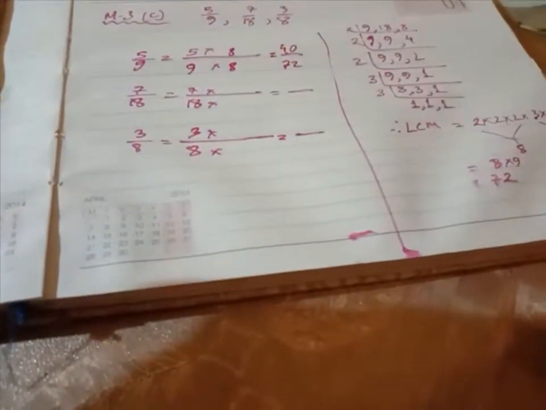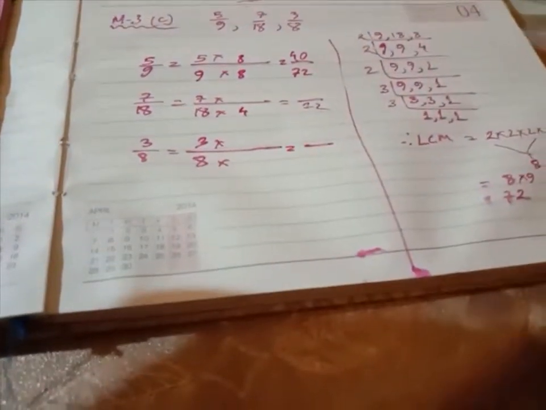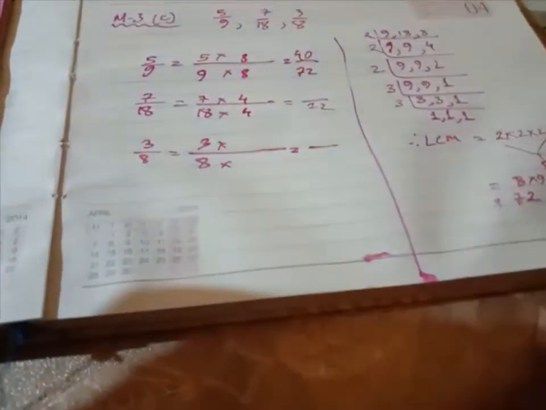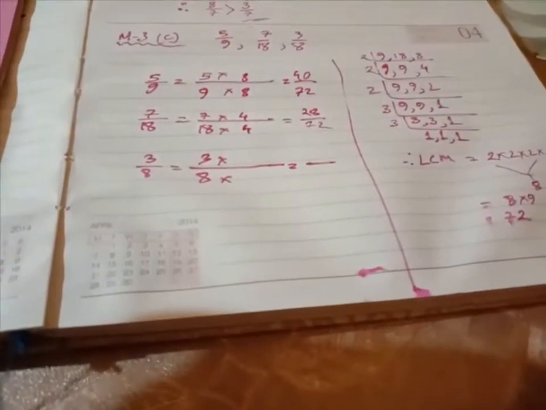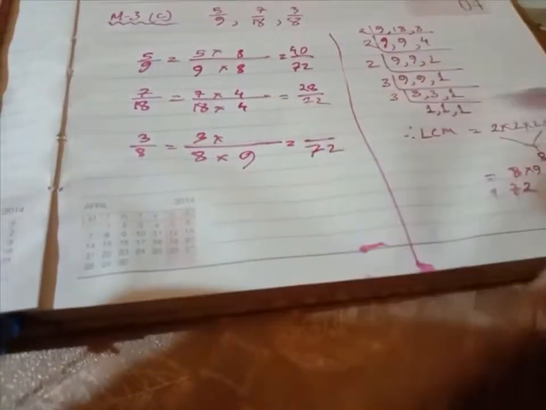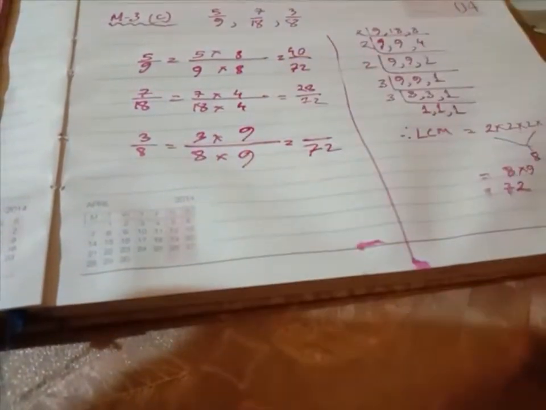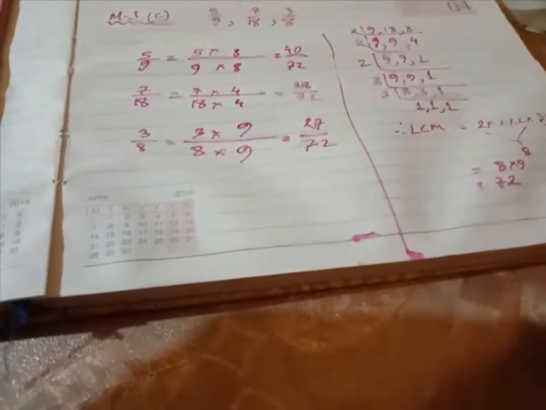Again, 18 into 4 gives you 72. So 7 into 4 will be 28. Again 8 into 9 gives you 72. So 3 into 9 we will do and we will get 27.